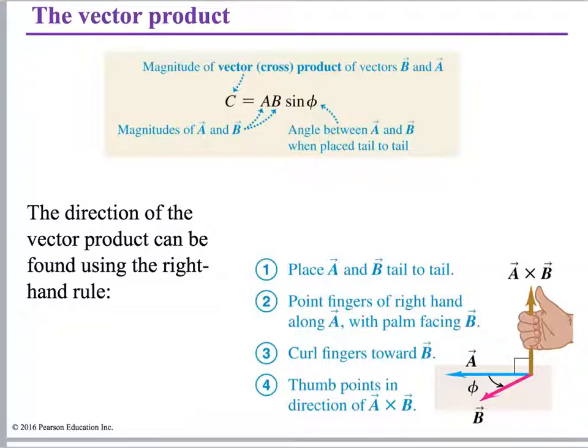That is, I can always draw two vectors on a piece of paper. It doesn't matter how they're oriented relative to each other. And so that piece of paper is the plane that they lie in. But when I take the cross product of those two vectors, the result is going to be perpendicular to that piece of paper, either pointing up or down. And we use the right hand rule to figure out which way it is.